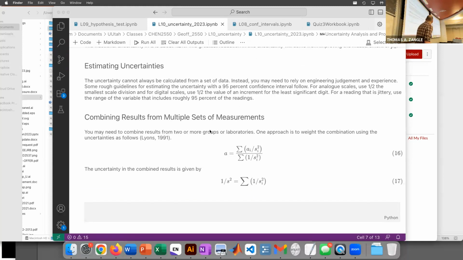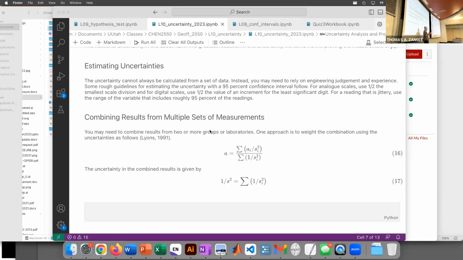Okay, one more note, which is related to propagation of uncertainties, and is more of a practical consideration. So let's say we have results for some process that came from multiple different groups or laboratories or measurement procedures. It may often be the case that the uncertainties in those results vary based on where the data came from, right?